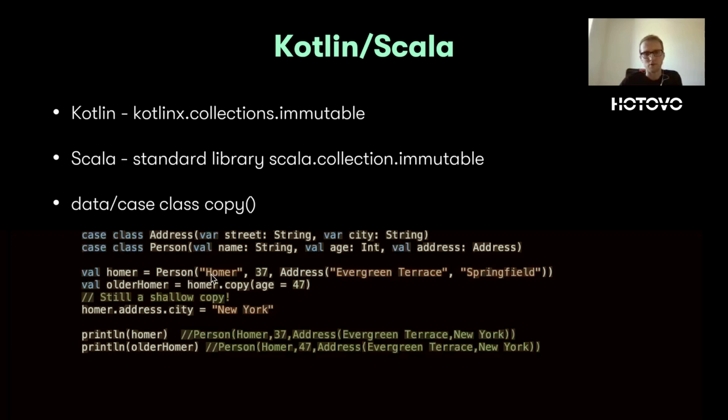Now I can create a new object of Person with some properties. What's really nice about those data and case classes is that they provide a copy method, which is generated by the compiler. It accepts one or more fields or properties, and I can change their values.